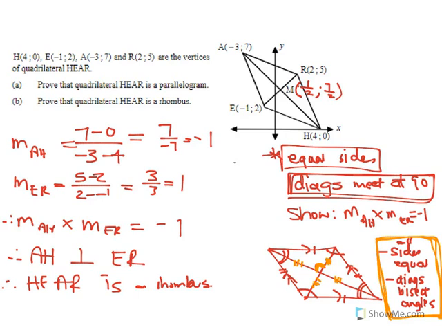So we can start by saying that all these angles are 90, right? Because these diagonals are perpendicular. And because this side is equal to this side, and this side is equal to this side, and because it's a parallelogram, we know that this side is equal to this side.